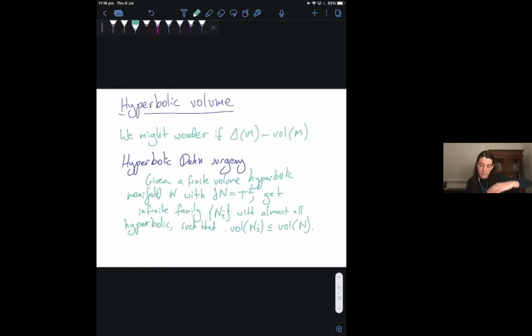So if we were to get any relationship of the form triangulation complexity of M is at most some function of the volume, then that would tell us that this infinite family of three manifolds all had triangulation complexity bounded above by some number. That's impossible. One of these is finite, one of these is infinite. So we can't ever have that. Okay, so we are measuring something different, which is nice.